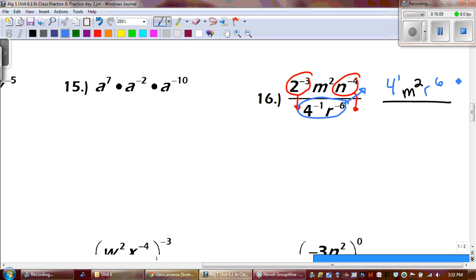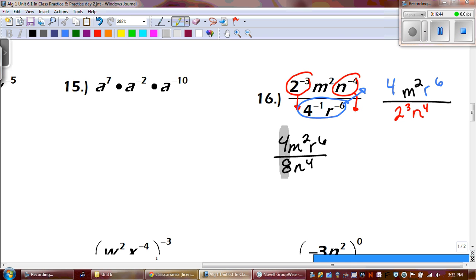Okay? And remember that 4 to the first power is really just 4. Okay, we brought down 2 cubed n to the 4th. Okay? Now, on the top, nothing changed. But on the bottom, we know that 2 cubed is 8. 8n to the 4th.